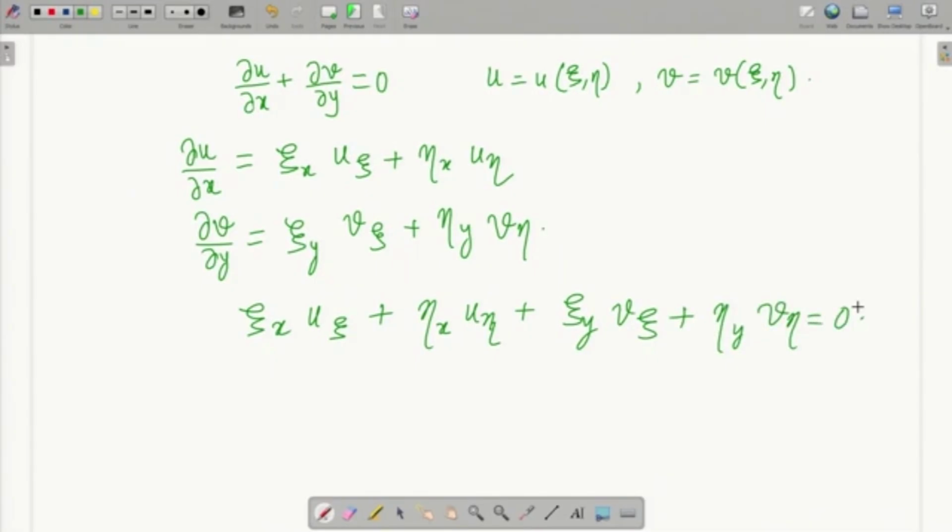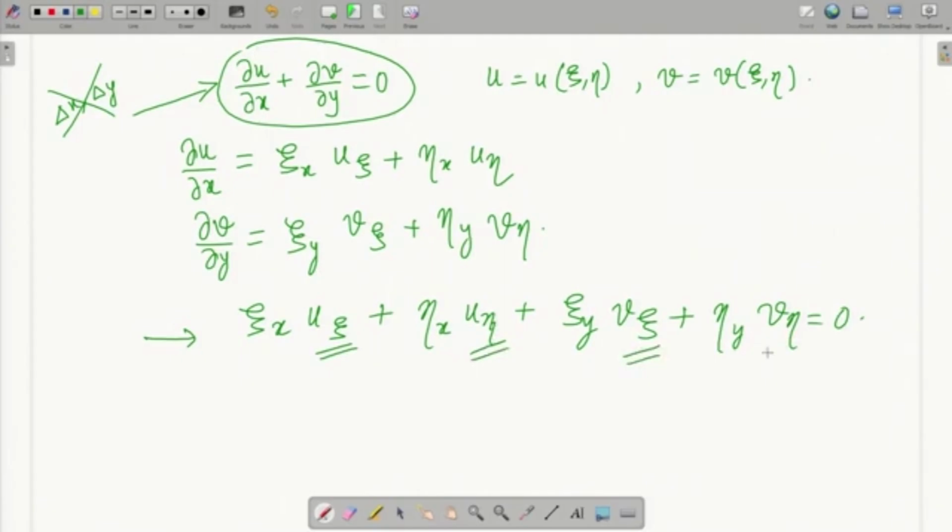So, realize that it will be very difficult to discretize this equation in physical space, because you do not have any delta x, delta y available, because it is a highly curved domain, but it gets much easier to solve it in the computational space, because you are computing the velocity derivatives with respect to xi and eta, and you have a uniform mesh in the computational domain to do that.